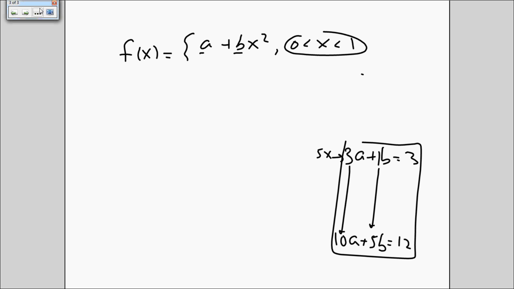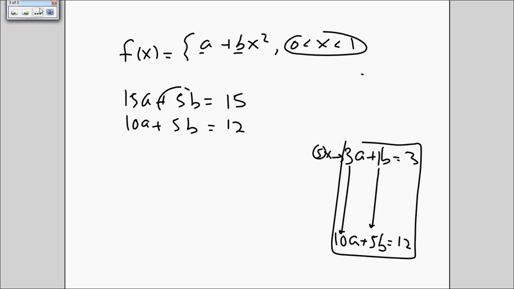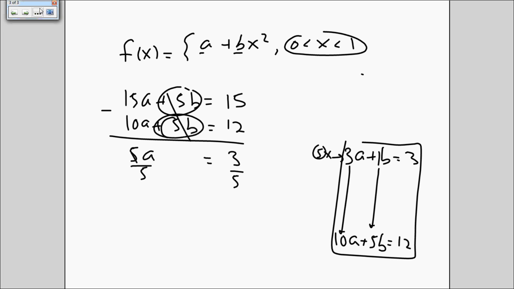I'll multiply by 5: 5 times 3a plus 5 times 1b equals 5 times 3. The second equation I'm not going to touch. Since these are exactly the same, I subtract. I conclude that 5a is equal to 3. 5 times what equals 3? Divide by 5, get the answer.